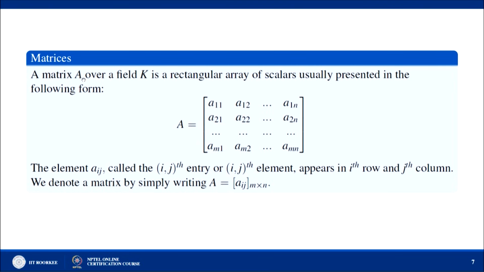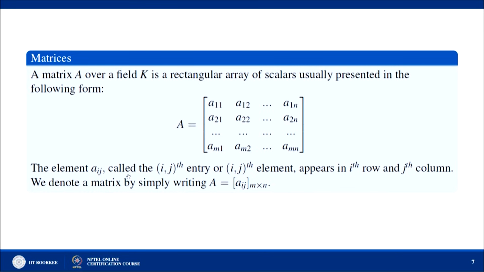A matrix A over a field K, K may be any field, is a rectangular array of scalars usually represented in the following form. Any matrix A can be represented in a rectangular form: A11, A12, A13 up to A1n, and similarly Am1, Am2 up to Amn.